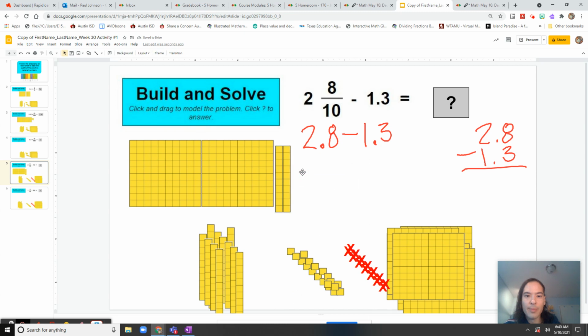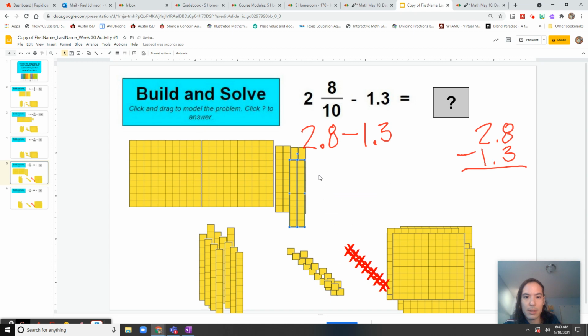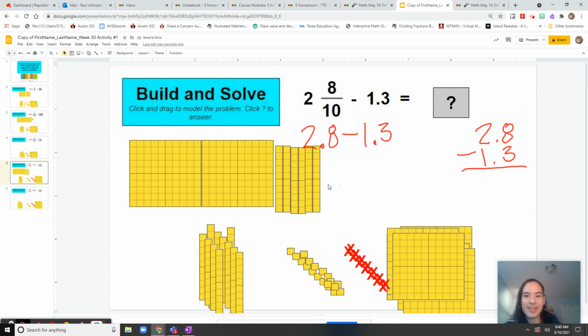So that shows that we're removing them from the situation. There we go. All right, 2 and 8/10.